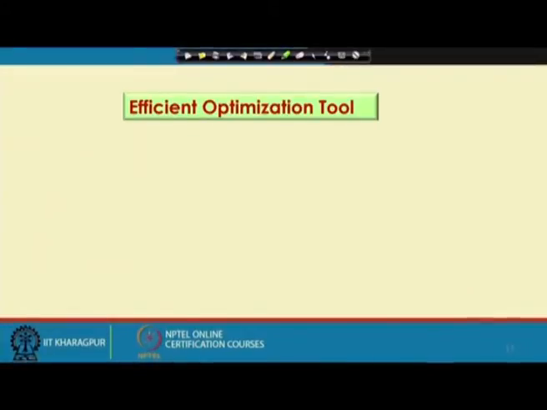Now comes the concept of an efficient optimization tool. Supposing that we have a very complex real world optimization problem and we will have to solve that.